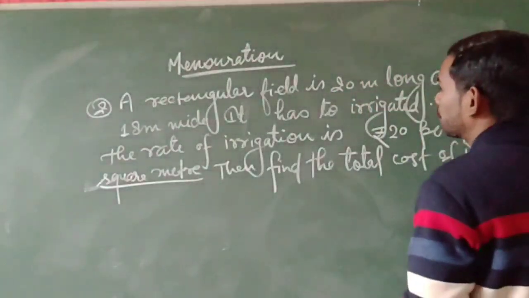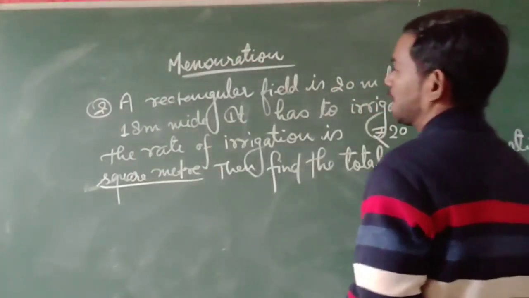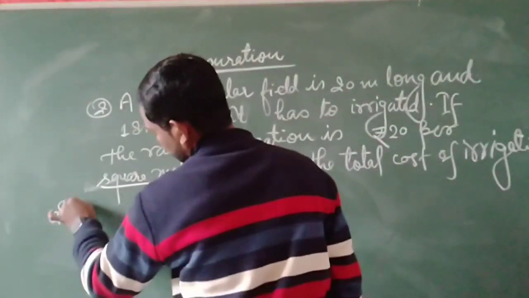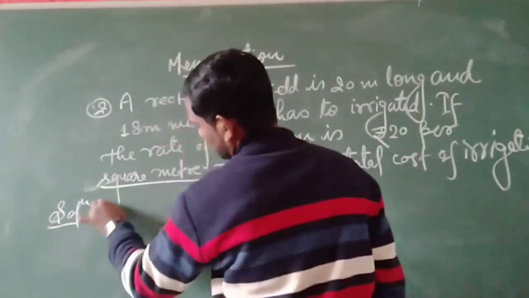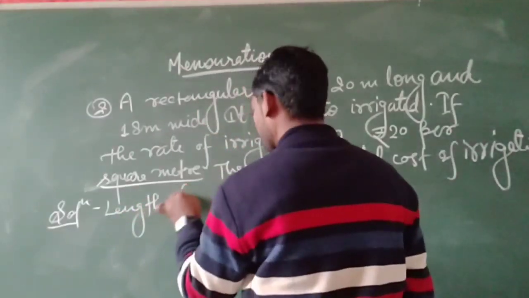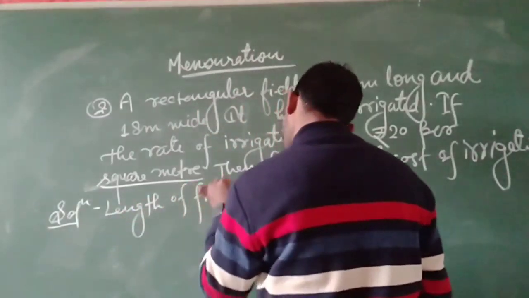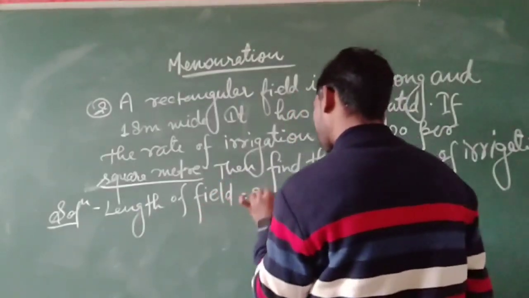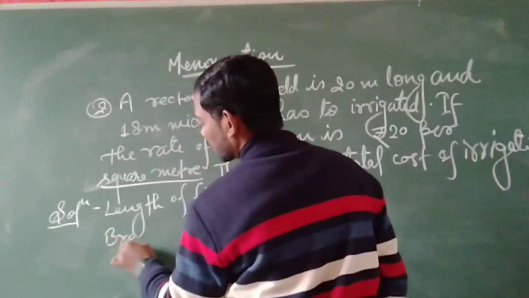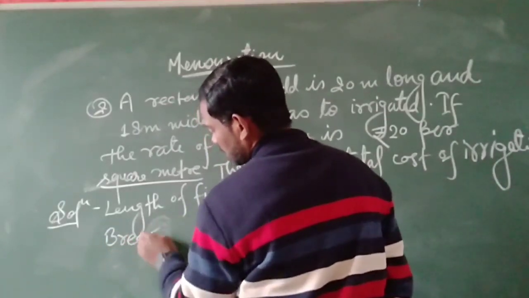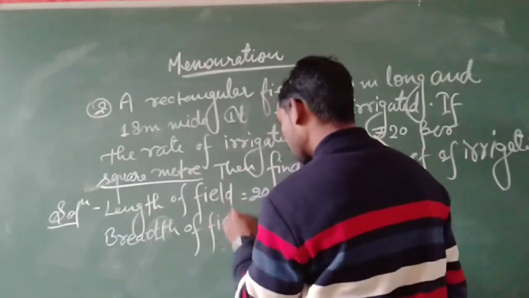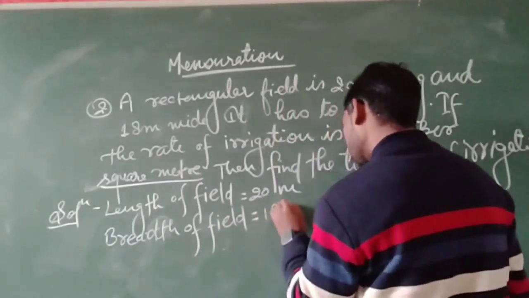A rectangular field is 20 meter long and 18 meter wide, so the length of field is equal to 20 meter and the breadth of field is equal to 18 meter.